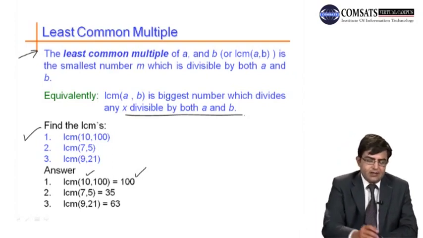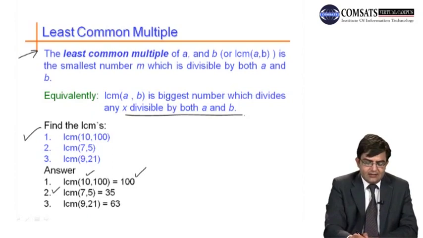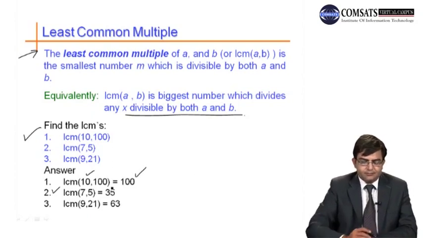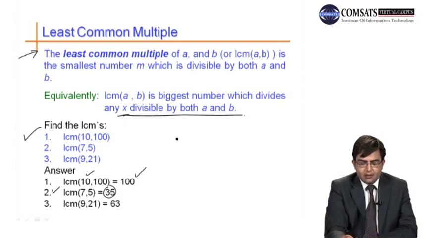In the second example, the least common multiple of 7 and 5 is 35.